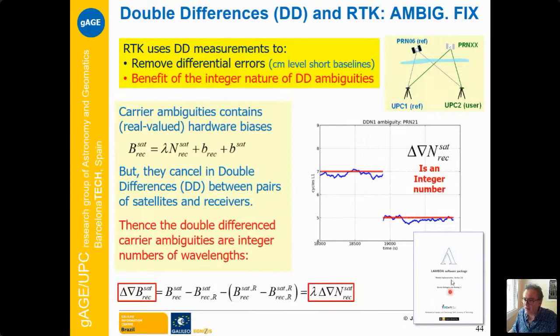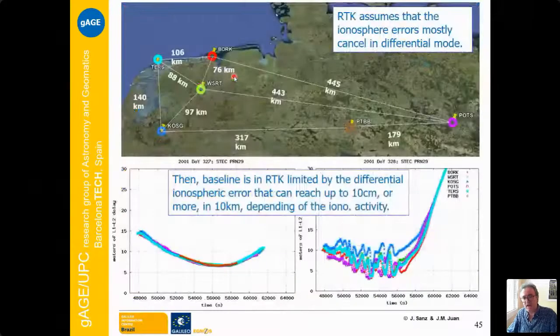Well, there is the LAMBDA method, which is a powerful technique that uses the correlation between the different ambiguities, but the idea at the end is this. In double differences, because we are taking differences, we remove the errors, but we take the benefit of the integer nature of the ambiguities.